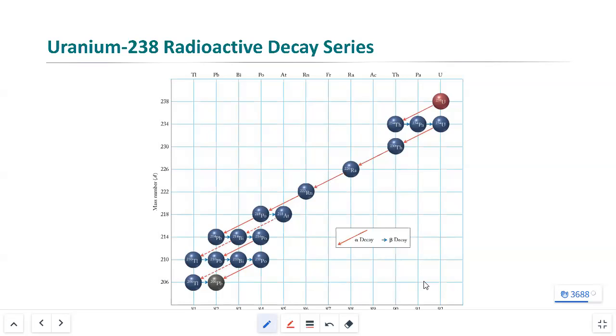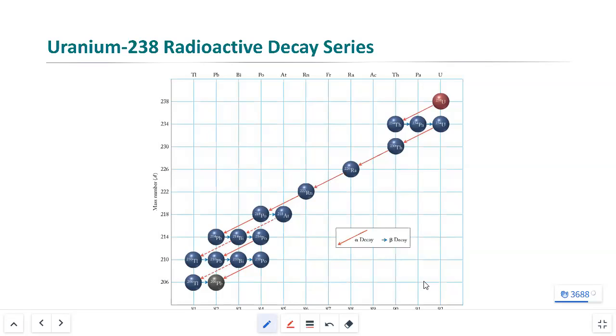It's not going to be just a simple alpha decay and now I'm good. When we see multiple nuclear decays happening for a given isotope, we call that a decay series.